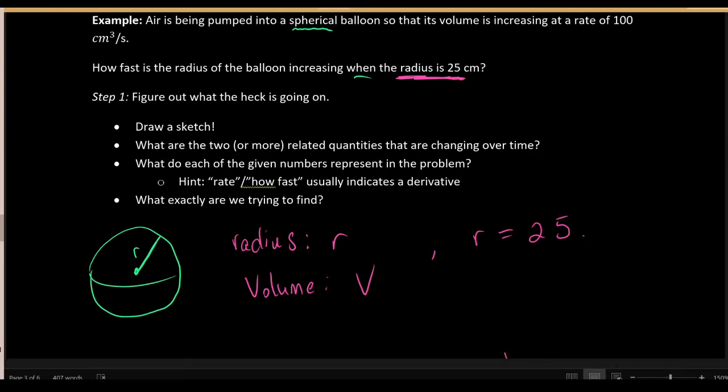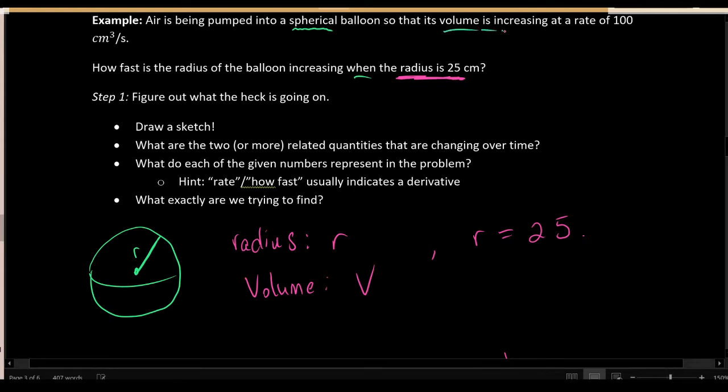Looking back at the first paragraph, I can't find any information about what the volume is equal to. But I can see that the volume is increasing. The volume is changing at a rate of 100.